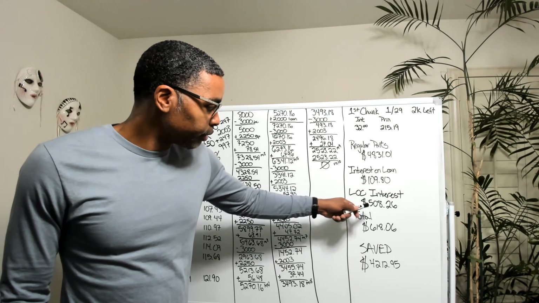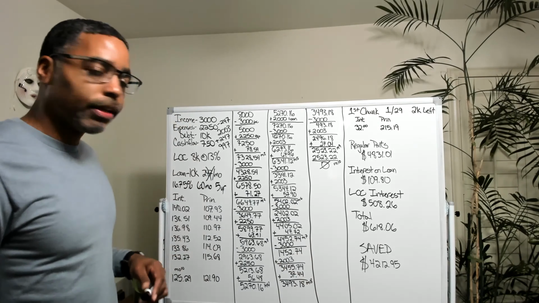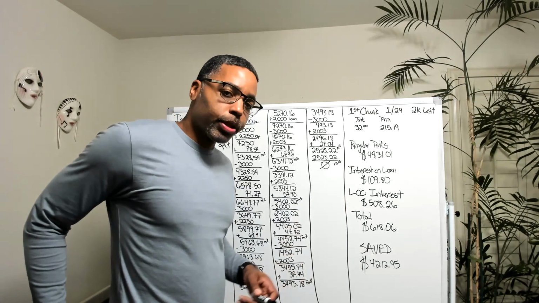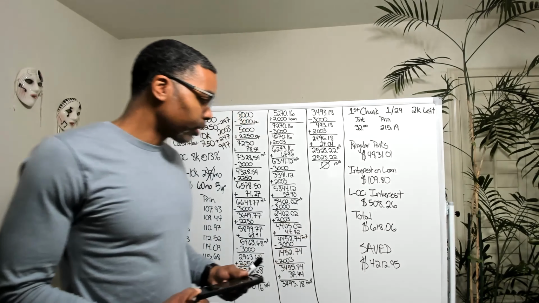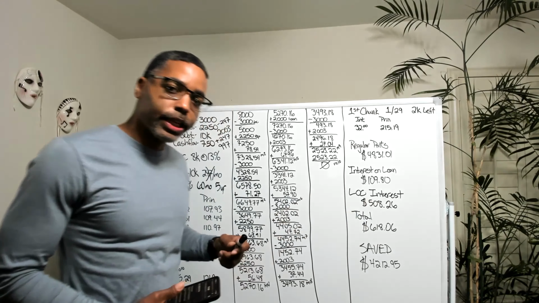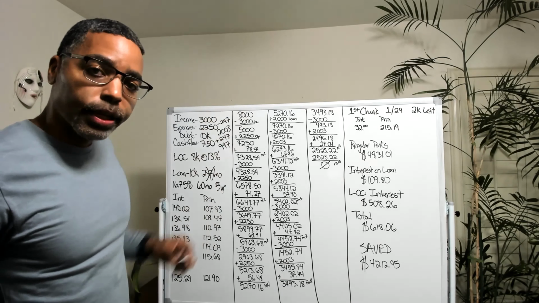What else would I like to do? I like to see if we actually paid this 13% on this line of credit. So we're going to do what we do. We're going to put this in Google, right? $508.26 is what percent of 8,000?